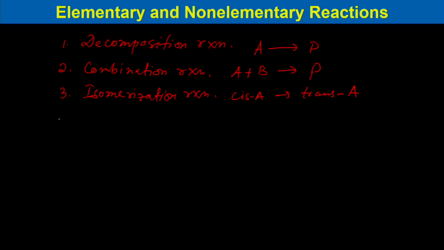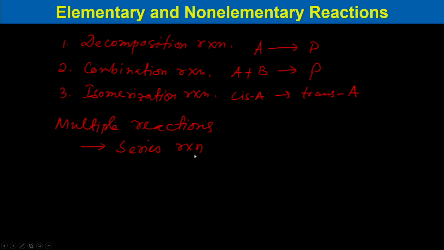One is the series reaction, like if we take A, it produces R and then R decomposes to produce S. These are series reactions and R is called the intermediate.